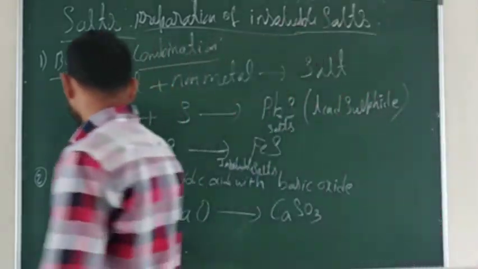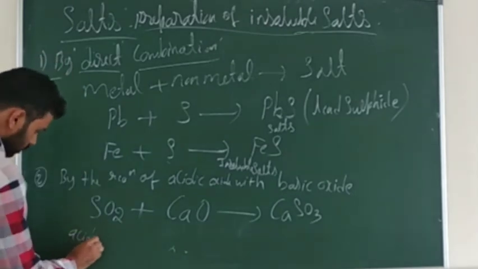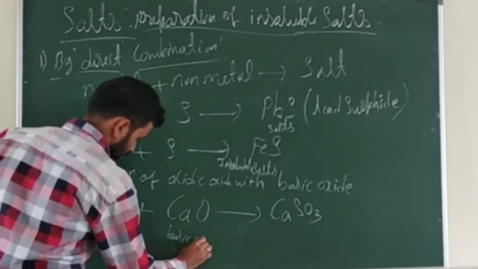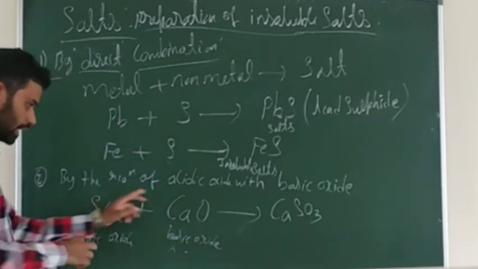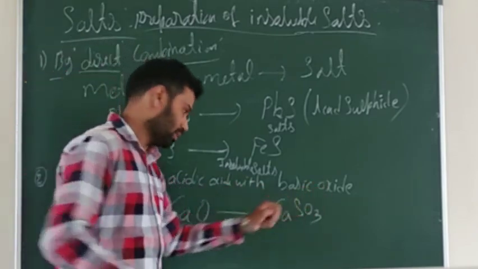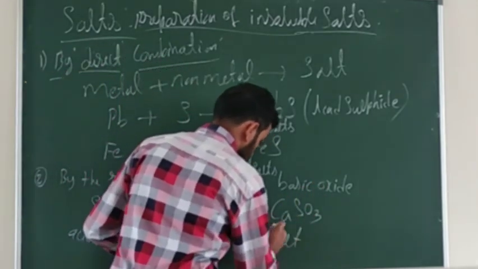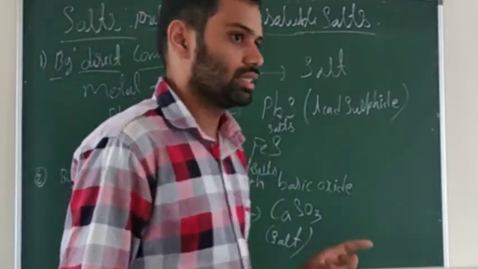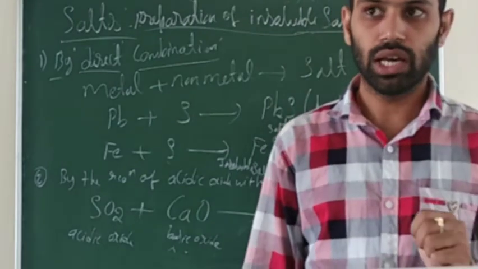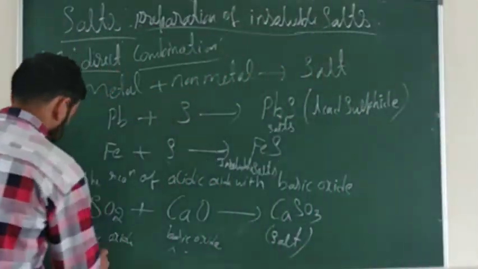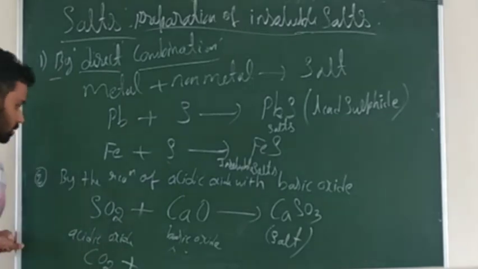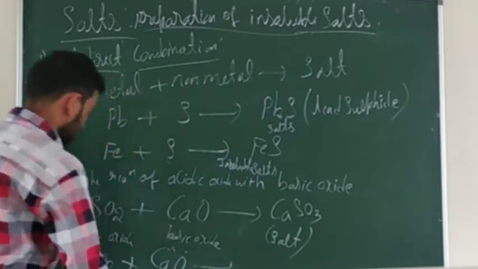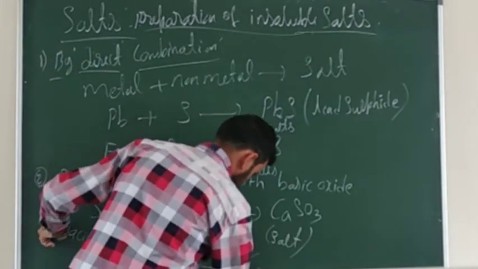So this is an acidic oxide, and this is a basic oxide. When an acidic oxide reacts with a basic oxide, it will form an insoluble salt, calcium sulfite. One more: when carbon dioxide reacts with calcium oxide, it forms calcium carbonate.